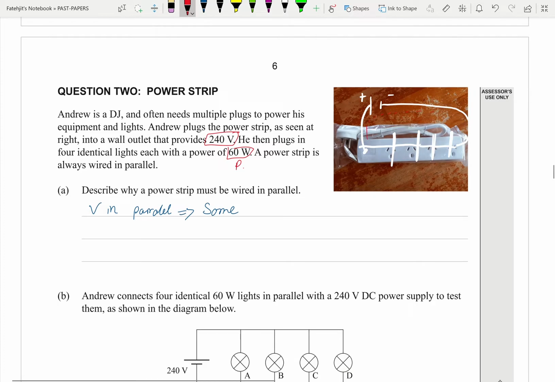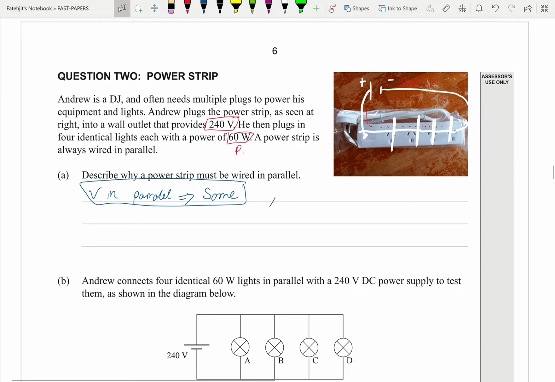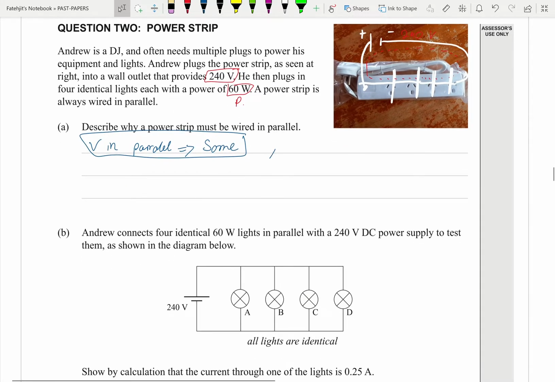The amount of voltage received by all these would be exactly the same, which is 240 volts. So voltage is the same in parallel, and in series it's shared, but we don't need to know that. For this question, you probably should know that though.